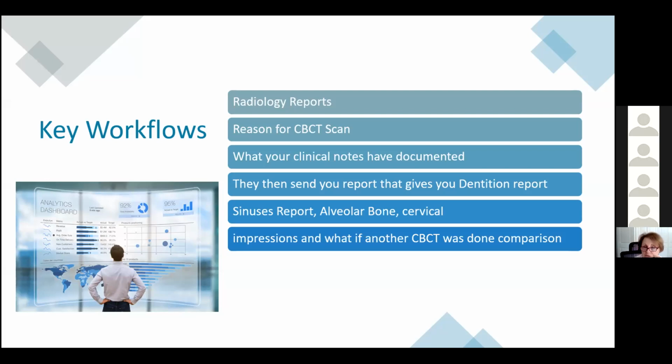Well, I'm going to tell you that when I go into a practice or I'm helping an office bill, they bill more successfully when they're having the radiology report read by a radiologist, because the information in there helps you determine your treatment plan, which also helps you determine the diagnostic reason for doing the treatment. So that's a big component.